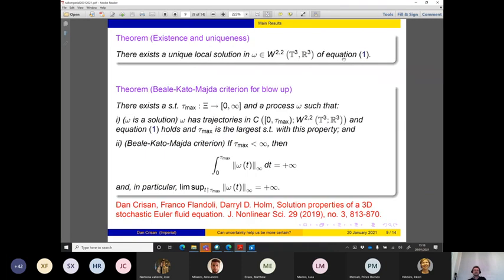So in some sense, this theorem in here incorporates the deterministic case. And should you have a global solution here, then obviously you have a global solution for the deterministic case as well. But what is important here is that there is a characterization of the blow-up time.